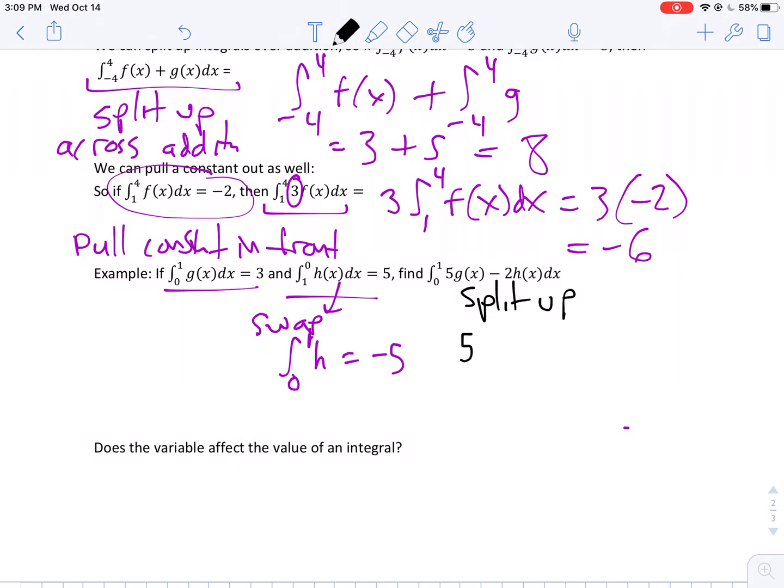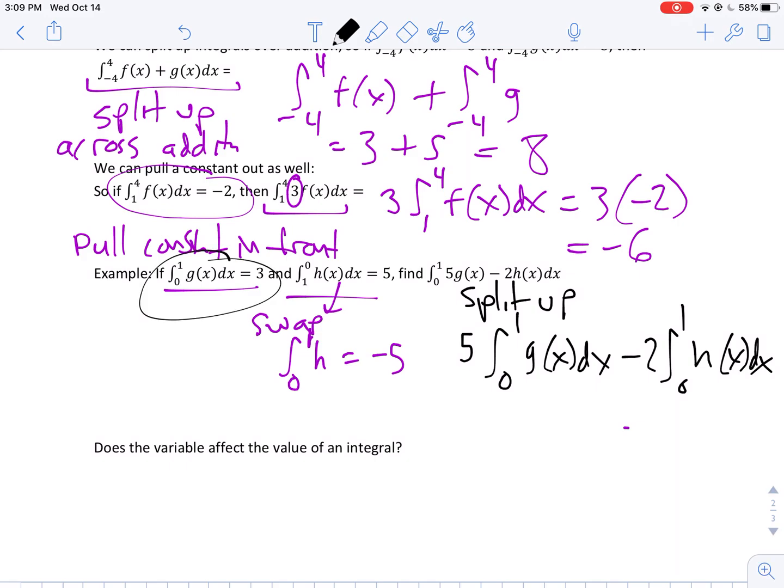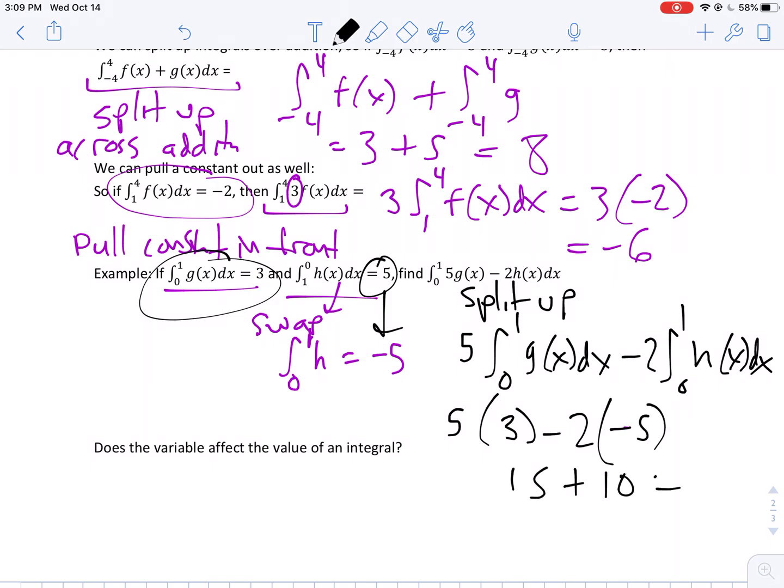Turn this into 5 times integral 0 to 1 of g minus 2 times integral 0 to 1 of h, and then you can plug in the values that are given. So that's 5 times 3 minus 2 times negative 5, so I got 15 plus 10, which is 25. So that's how we do a problem like that.